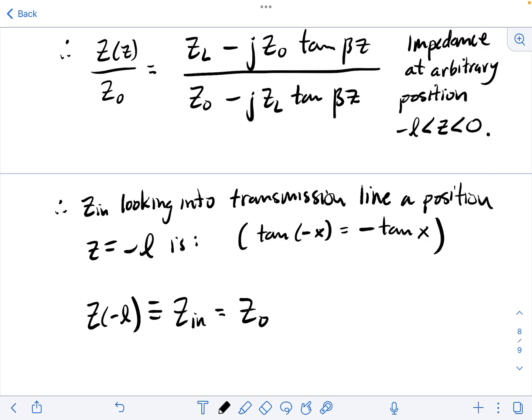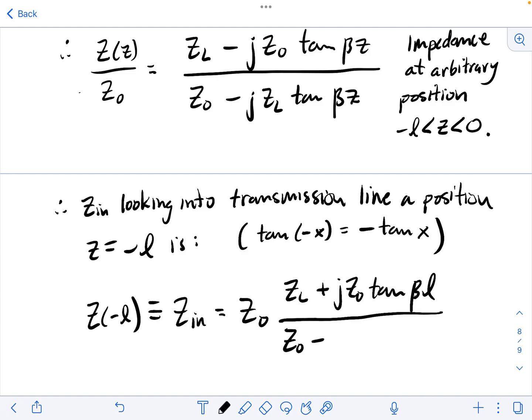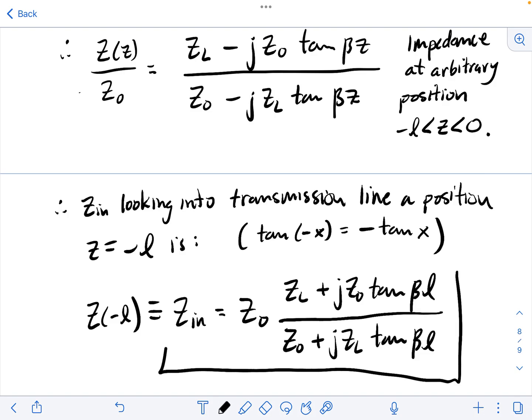So we'll have an overall Z0, and then we'll have ZL plus jZ0 tan beta L divided by Z0 plus jZL tan beta L. And so this is the input impedance of a transmission line of length L terminated by load impedance ZL.